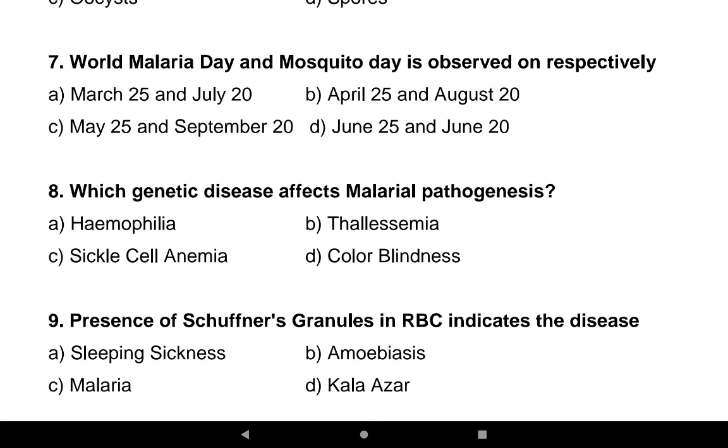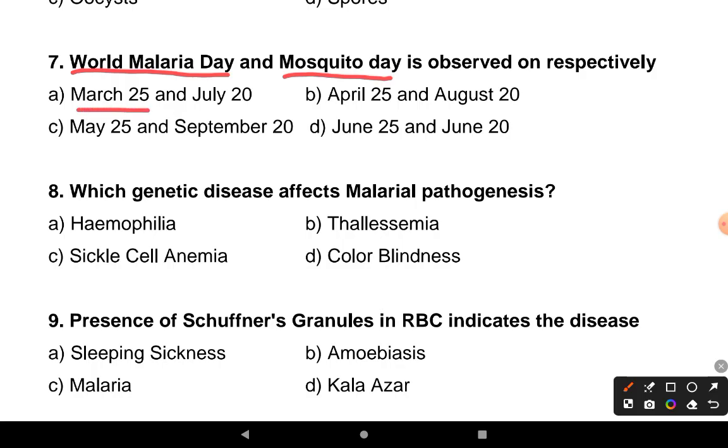Our next question is: World Malaria Day and Mosquito Day are observed on, respectively, March 25 and July 20, April 25 and August 20, May 25 and September 20, June 25 and June 20. Our correct answer is option B. World Malaria Day is observed on April 25 and Mosquito Day on August 20.